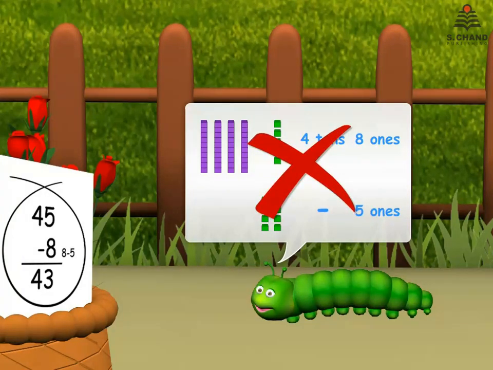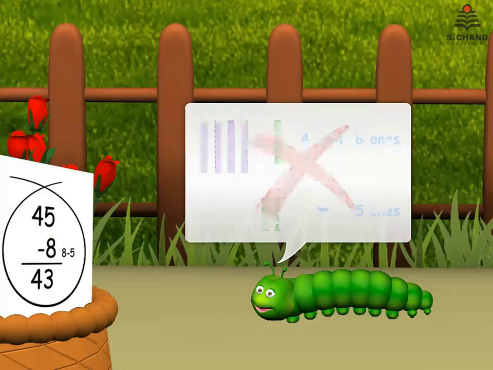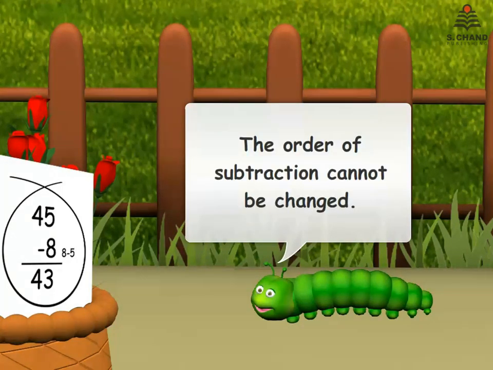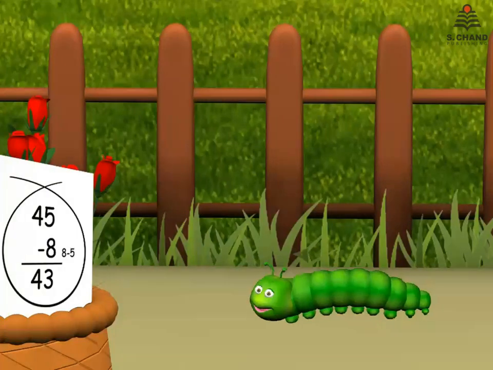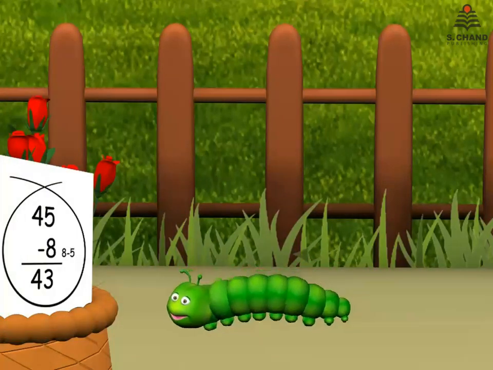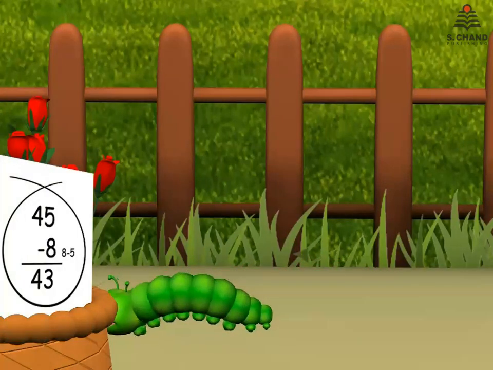No, that would be a big mistake. In subtraction, we cannot change the order of the numbers to be subtracted. 5 minus 8 cannot be changed to 8 minus 5. Then, how do we subtract? Move on to understand.